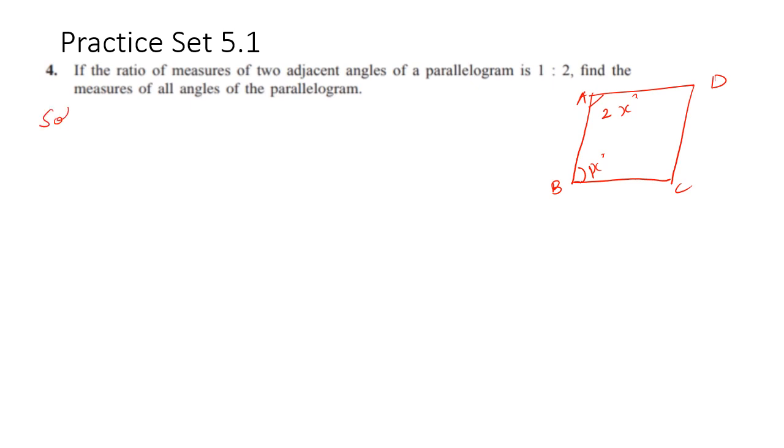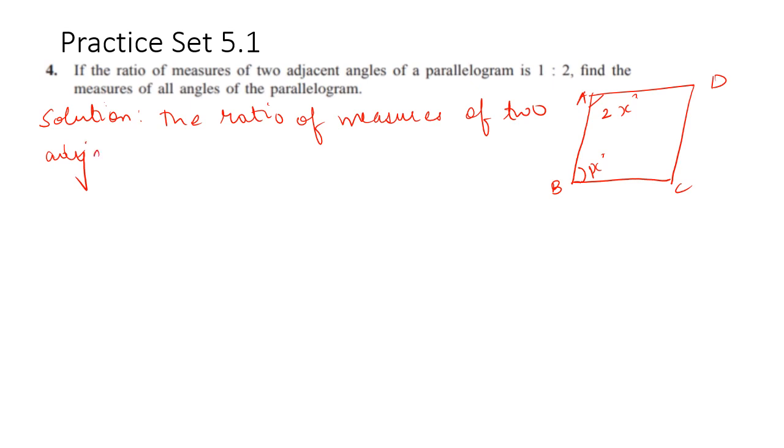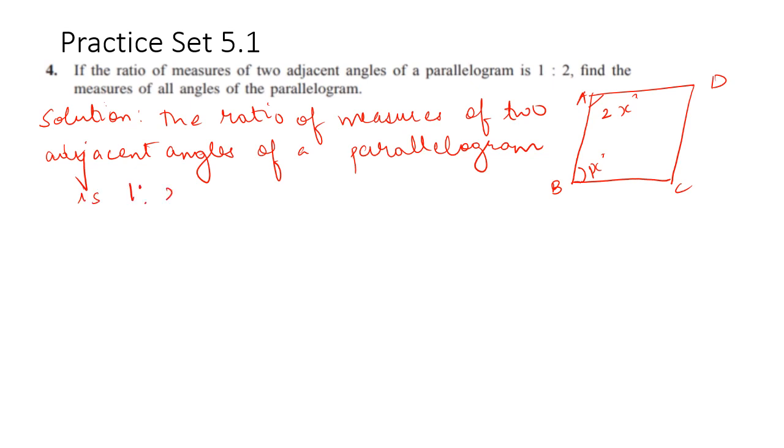So it says solution: the ratio of measures of two adjacent angles of a parallelogram is 1:2.